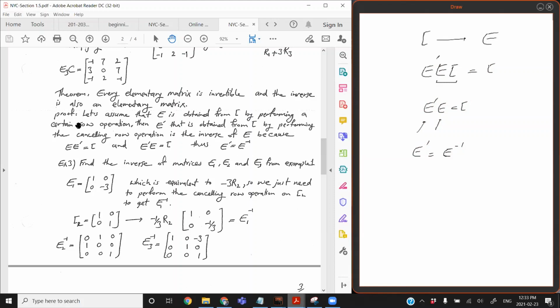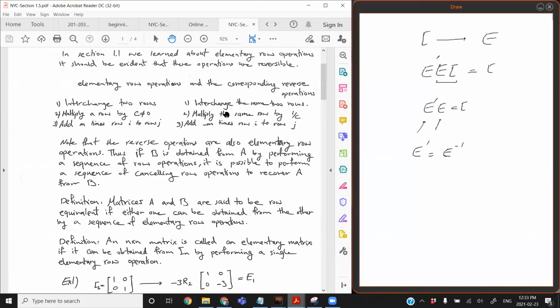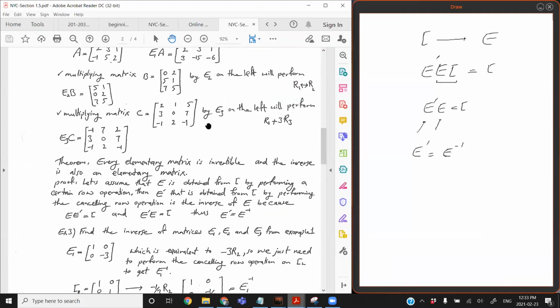So I'm going to just read the proof again. Let's assume that E is obtained from I by performing a certain row operation. Up there, we established that for any row operation, there is a canceling row operation, and the canceling row operation is also an elementary row operation.